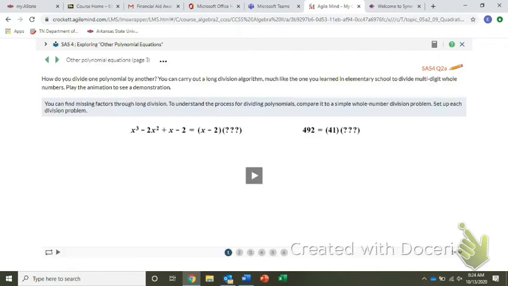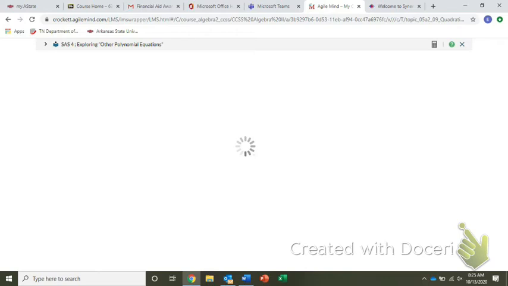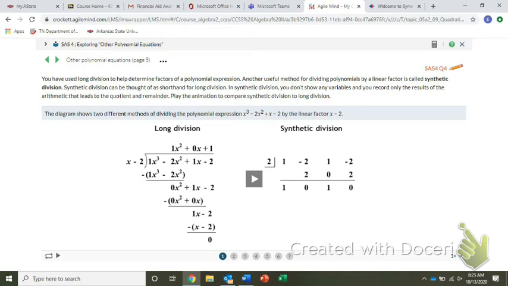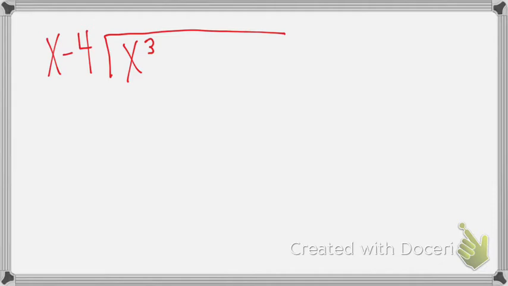Number 3. Okay. Number 3 wants us to use long division and show that x minus 4 is a factor. So x minus 4, that's what we're dividing by. x cubed minus 2x squared minus 7x minus 4.